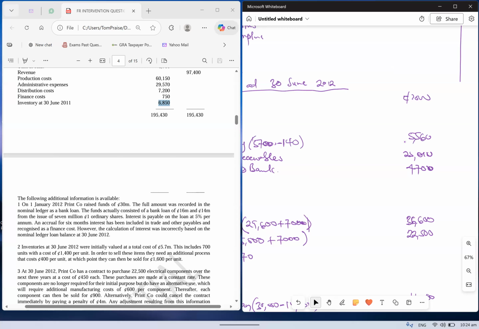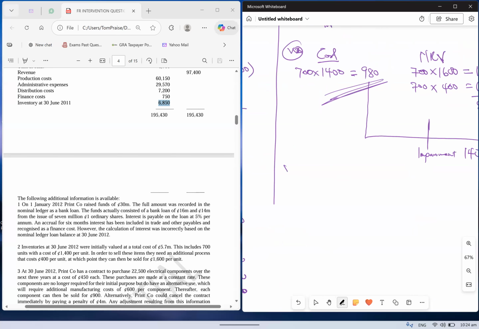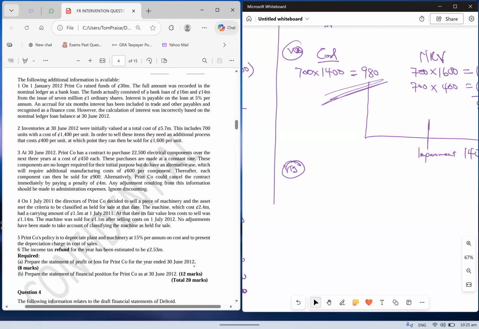All right. So let's do our next workings. Workings 3. The price of the contract is 22,500 by 450 each.